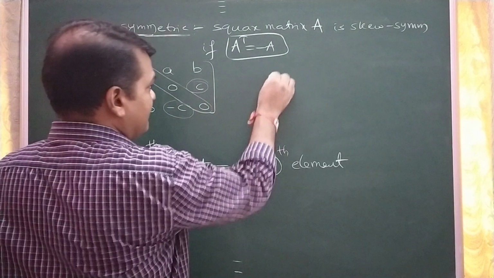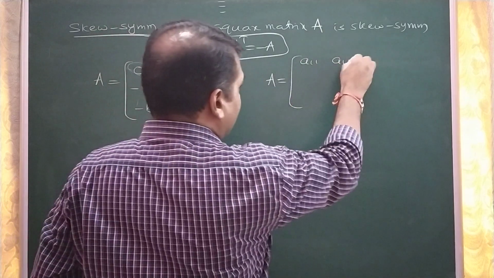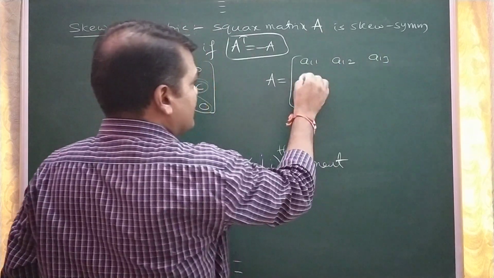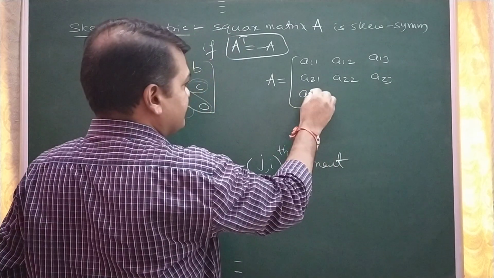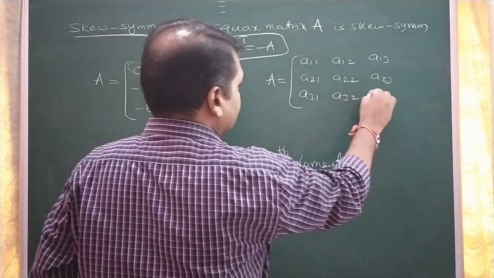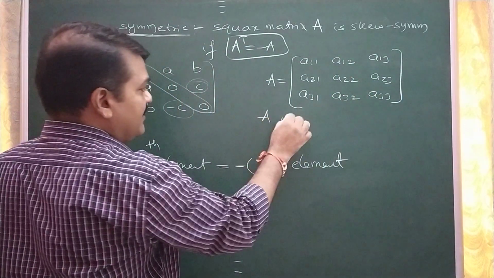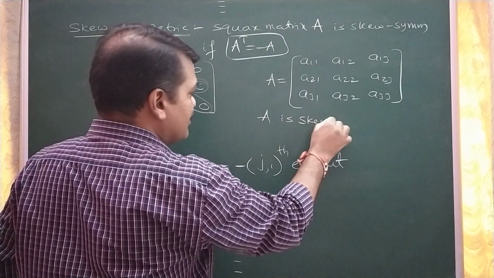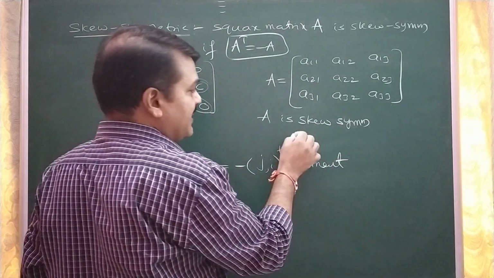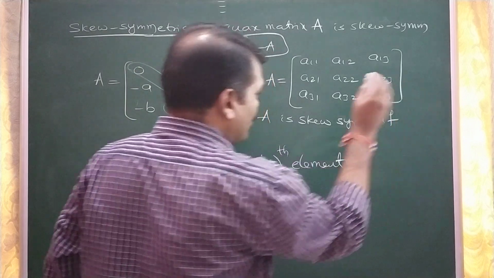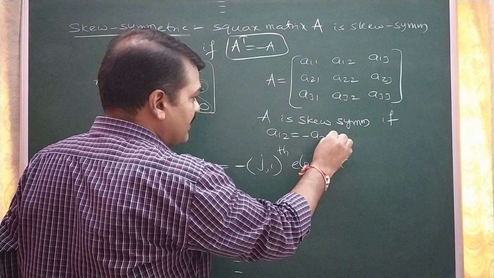So, for example, if I take a general matrix like this, then A will be a skew symmetric matrix only when A12 is equal to minus A21.